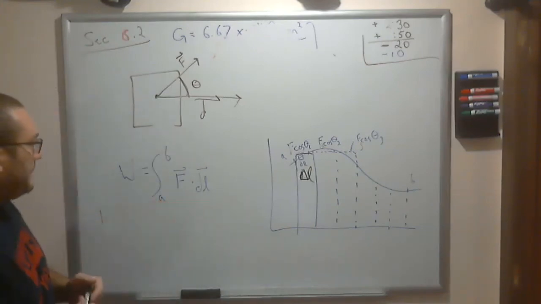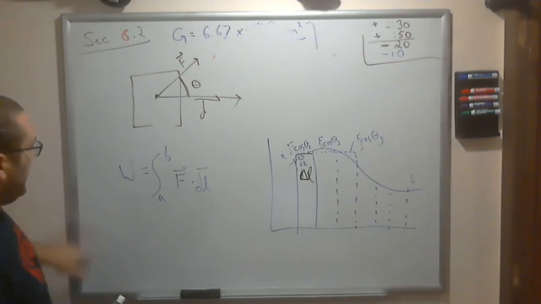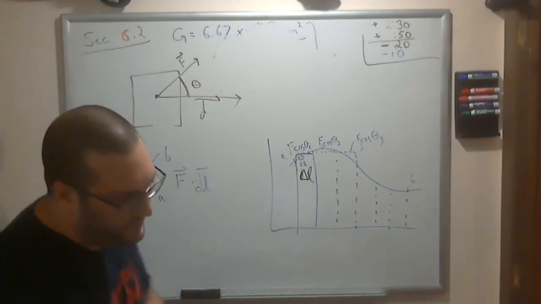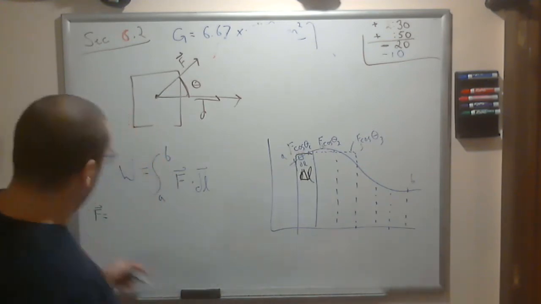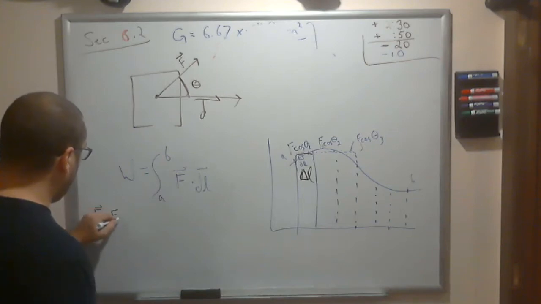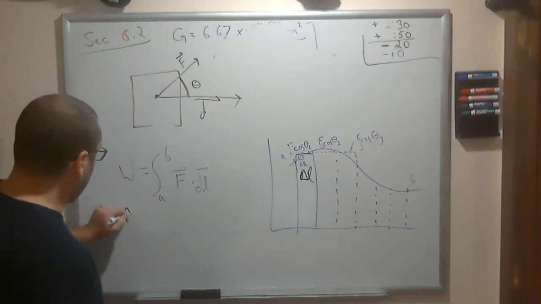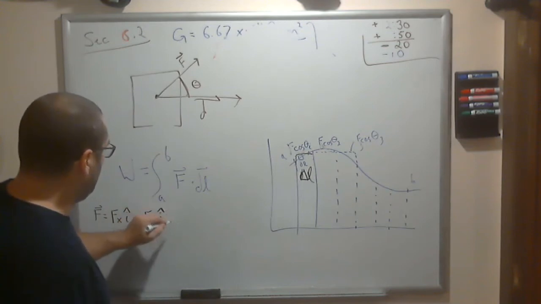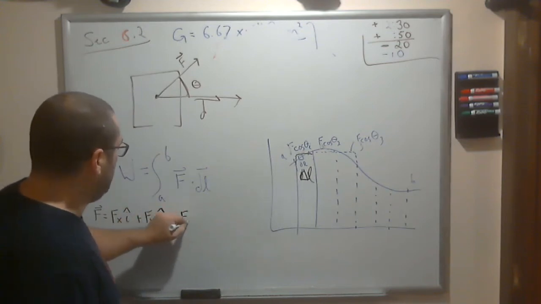So if the force is given fully in terms of unit vectors, we have the force in the x direction, and then the y direction, and then the z direction.